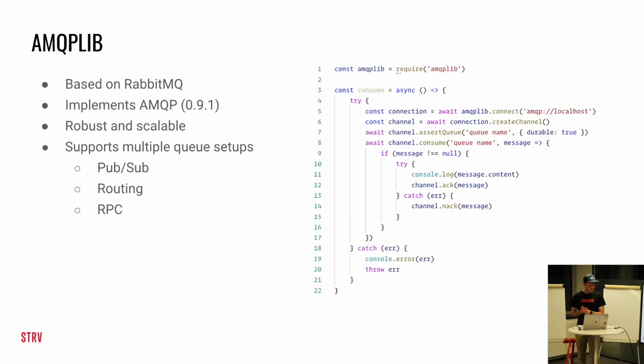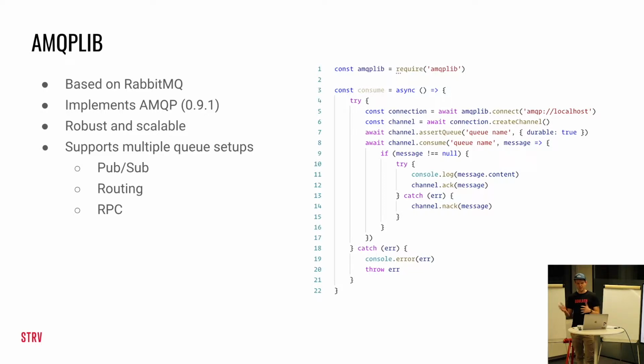What they say on the website of RabbitMQ is that it's the most widely deployed open source message broker. What does it mean? I don't know. Just sending messages between your consumer and producer. That's the word. So here you see, to implement a consumer in amqplib, it's quite hard.